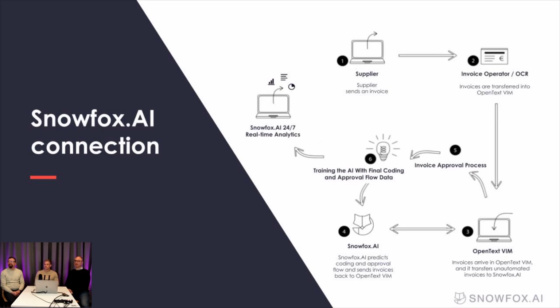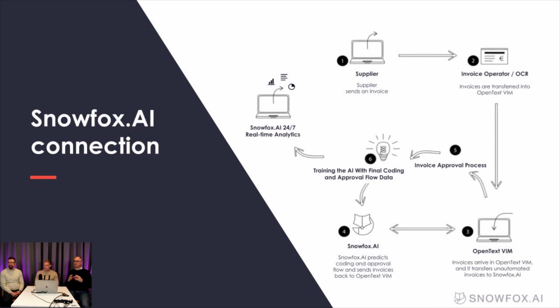So on the high level, this is how the process goes. The supplier sends the invoice. The invoice comes through the invoice operator, OCR. It can be outsourced, it can be in-house. And then the invoice arrives at OpenText VIM.